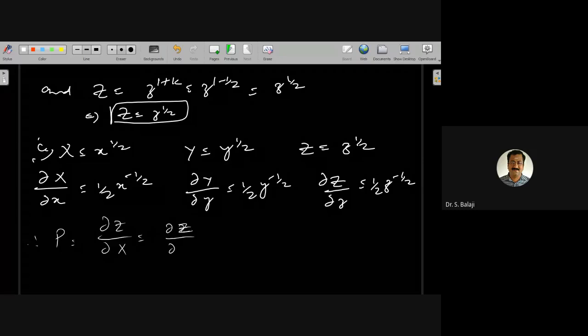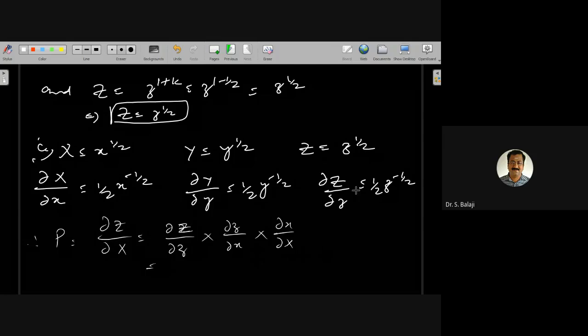Dou capital Z by dou small z is possible, dou small z with respect to small x is standard notation, and small x with capital X is possible. Therefore, dou capital Z by dou capital X is not directly possible, but you can move indirectly.